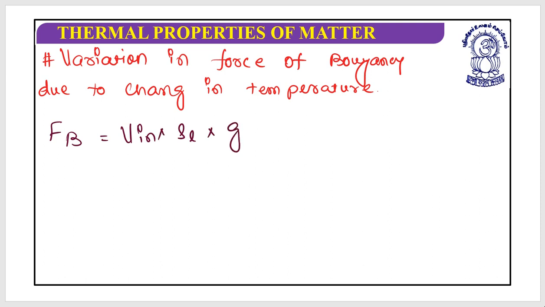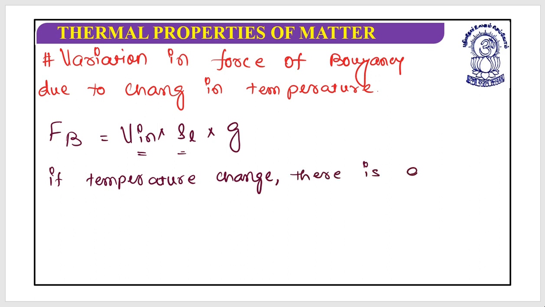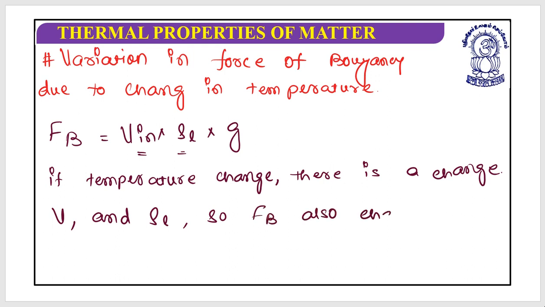So the situation is that when I change the temperature, if temperature changes, there is a change in V and the density of liquid. So Fb, the force of buoyancy, also changes.